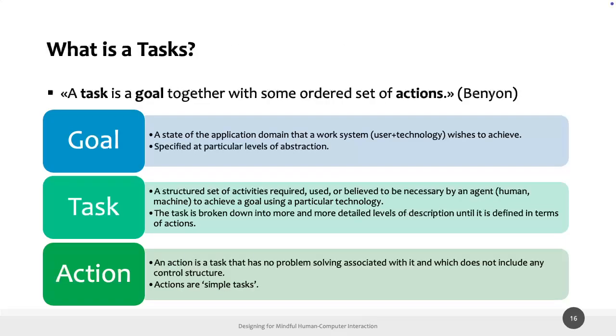One of the important things, and you will also try to define some tasks in assignment 2, is to define tasks to conduct the evaluation. So what is a task? In general, a task can be defined as a goal together with some ordered set of actions.